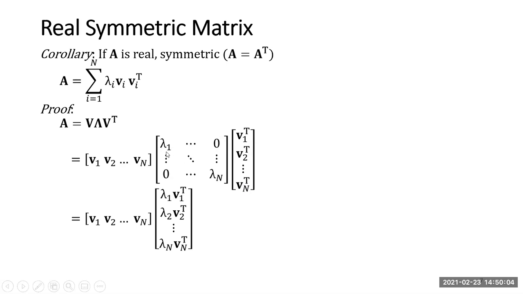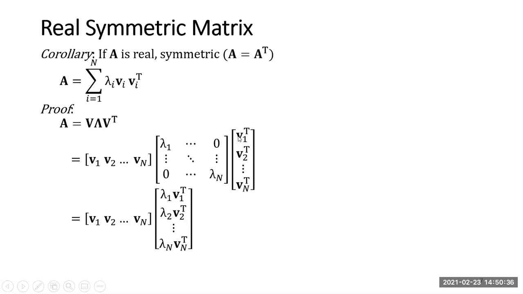The second row will have all zeros except lambda 2, so lambda 2 will get multiplied with V2 transpose here. So we get lambda 2 V2 transpose. Everything else would be zeros: 0 times V1 transpose, 0 times V3 transpose, and so on. So the second row is this. Likewise, we continue. In the last row, we have all zeros except for the nth entry, which is lambda n.